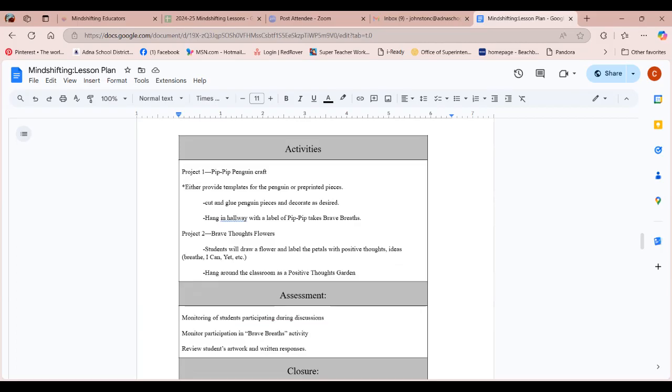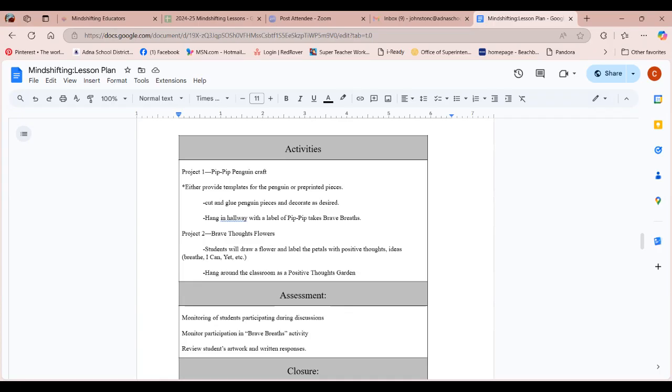So by having the penguins there, having the kids have fun, having them talk about how Pip is feeling, and then leading it back to how they're feeling, you're using a lot of techniques that get new knowledge into people's brains, very often without them even realizing that they're learning, right?